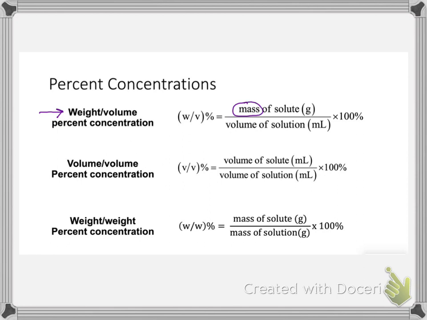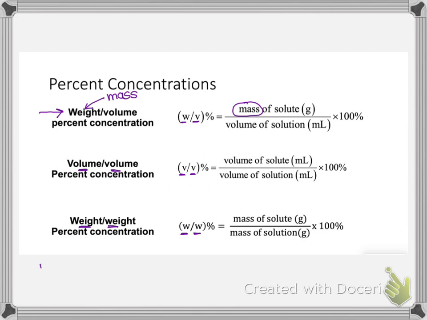In fact, sometimes instead of using the word weight, some textbooks use the word mass. So if you're going online and looking for practice problems or someone else to explain it to you, it could also show up as mass. So we can compare weight to volume. We could compare volume to volume. You see, that's the second one. And then weight to weight.